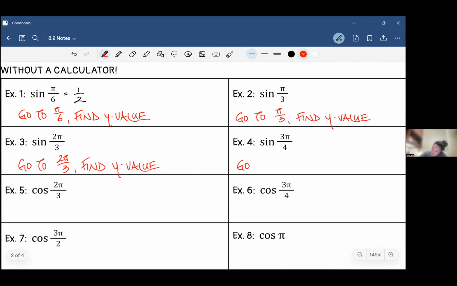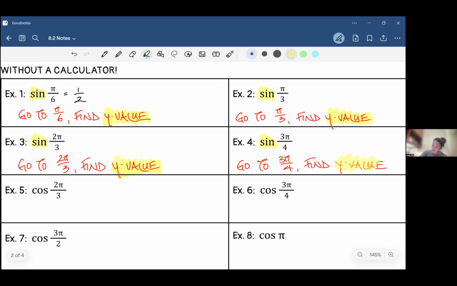And then for number 4, I'm going to go to 3 pi over 4, and I'm going to find the y value. Now, the reason why for all 4 of these we're finding y values is because we have the word sine, okay? So let me go ahead and highlight that.